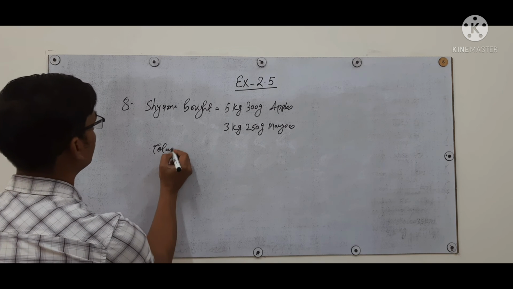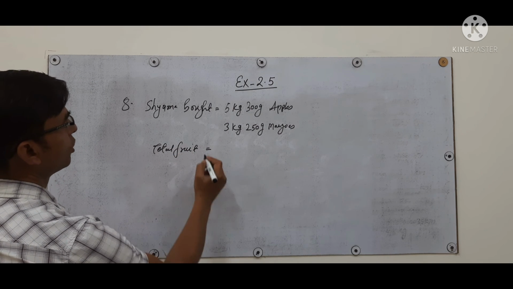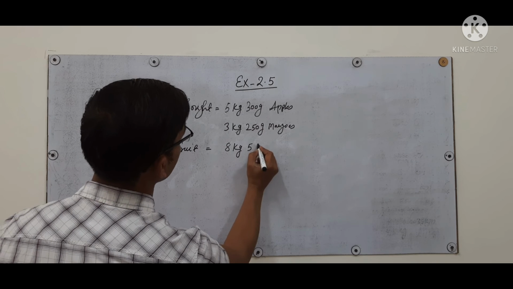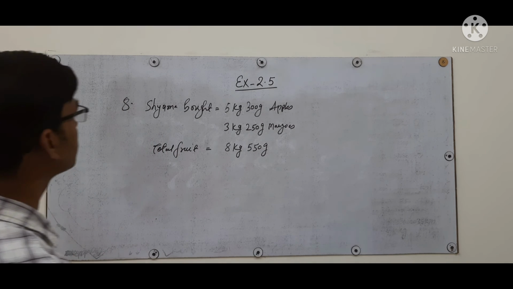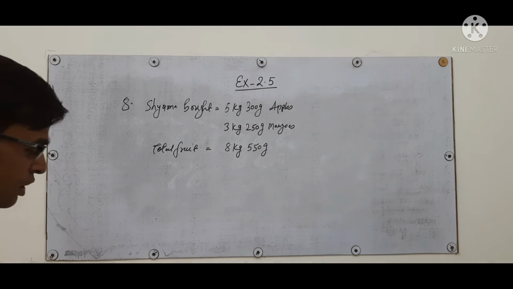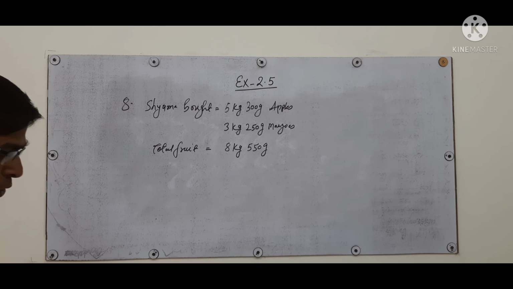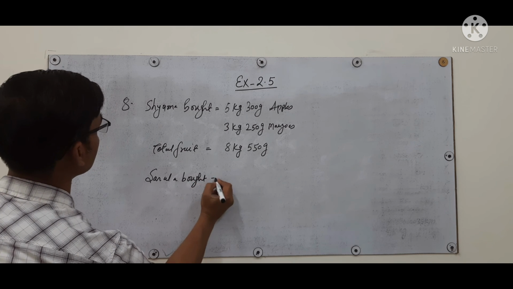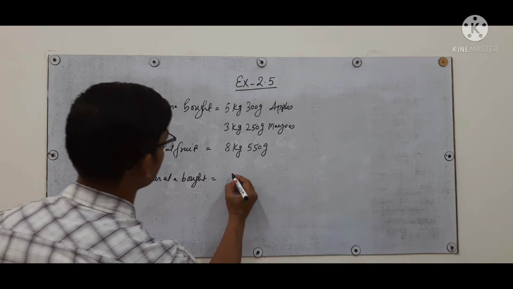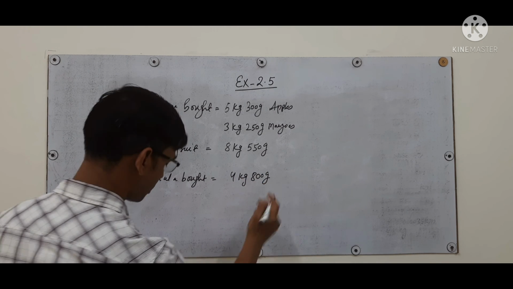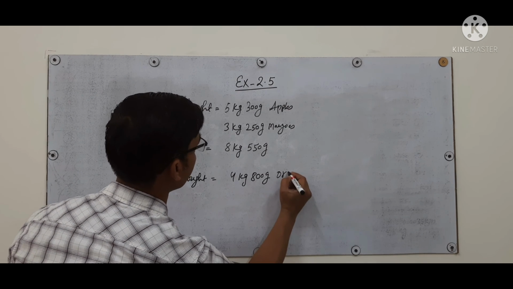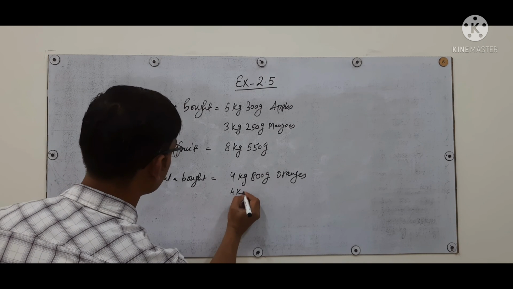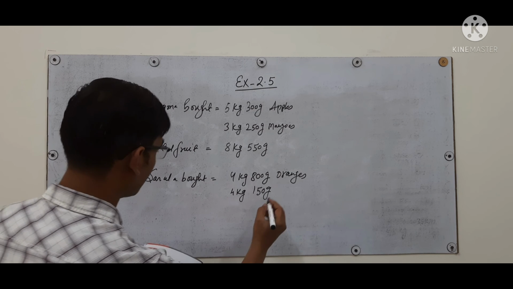So the total fruit which Shama bought will be 8 kgs and 550 gram. So total fruit she bought is 8 kg and 550 grams. Similarly, we will find the total fruit which Sarla bought. So what did Sarla buy? Sarla bought 4 kg 800 grams of oranges and 4 kg 150 grams of bananas.